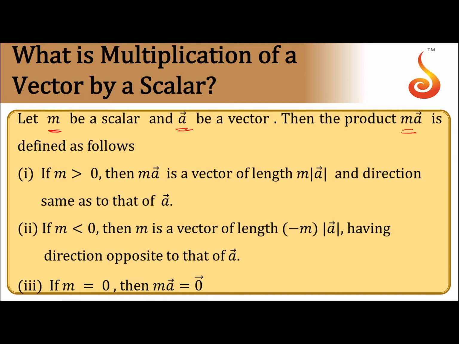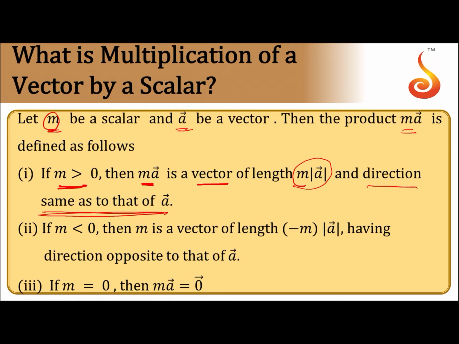If M is a positive number, then MA bar is again a vector in the same direction as that of A, but with a magnitude M times the magnitude of A.